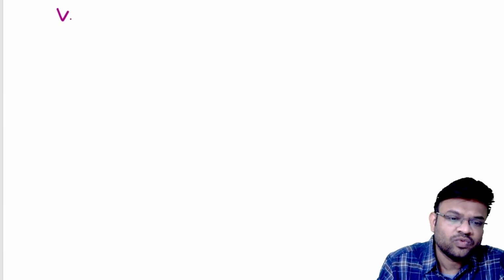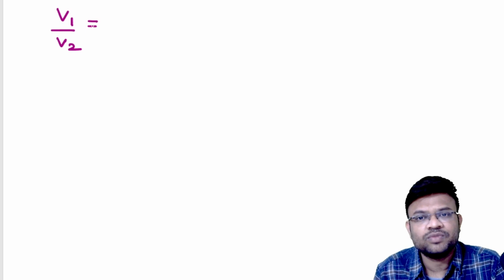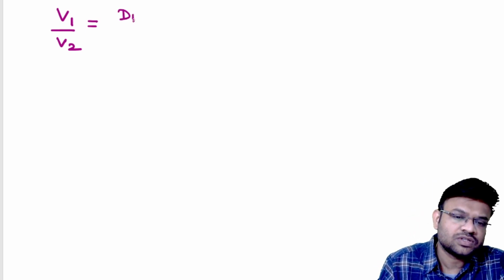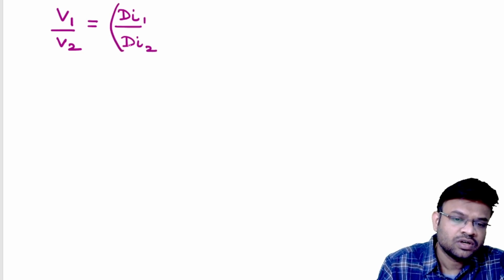the diameter of the impeller. Since I have just found out that the volume is proportional to the diameter cube, V1 upon V2 is equal to (di1 upon di2) whole cube.